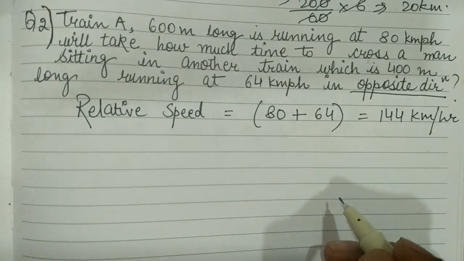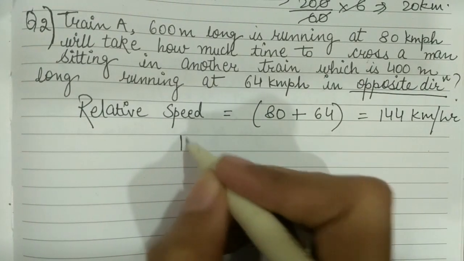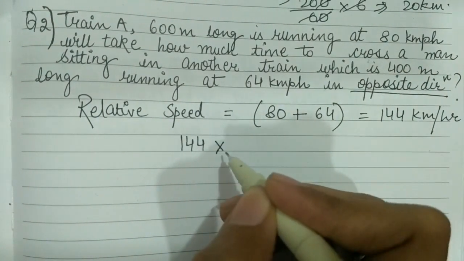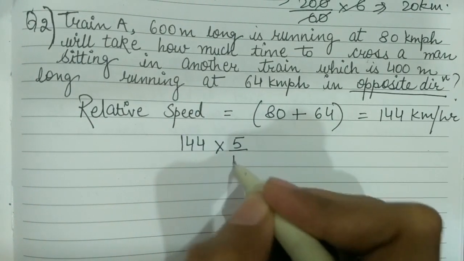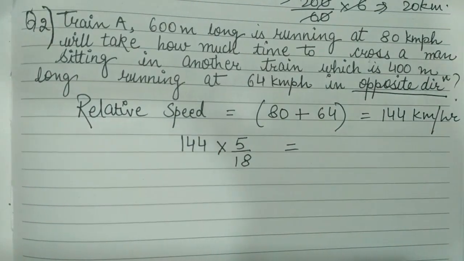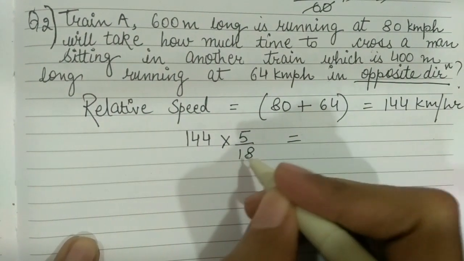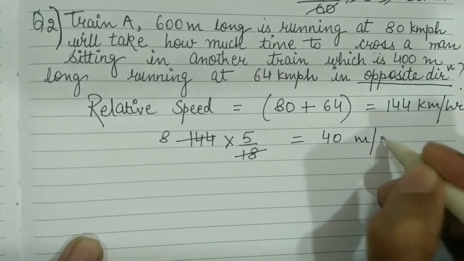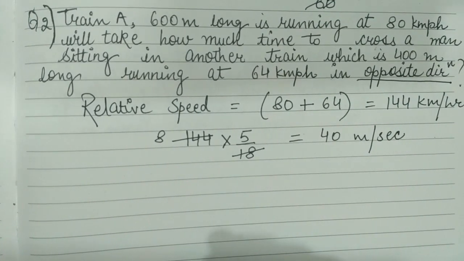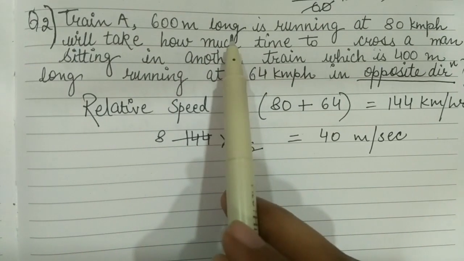Then we need to convert it into meter per second. To convert a given speed from kilometer per hour to meter per second, multiply it by 5 by 18. So our relative speed will be 40 meters per second. Train A is a 600 meter long train.